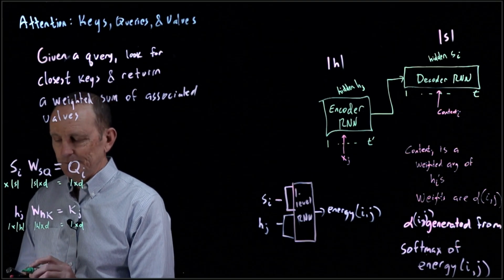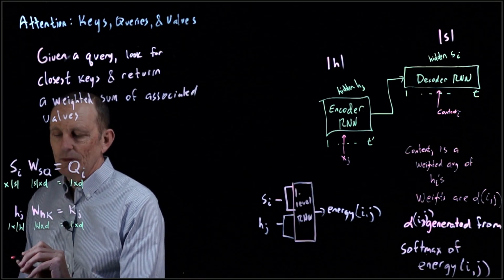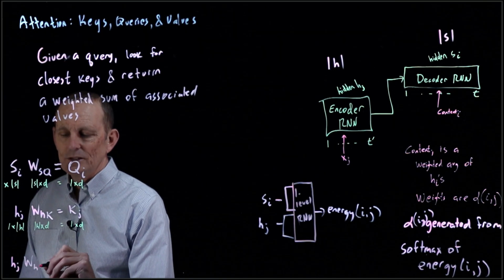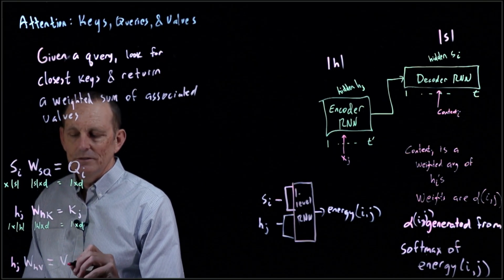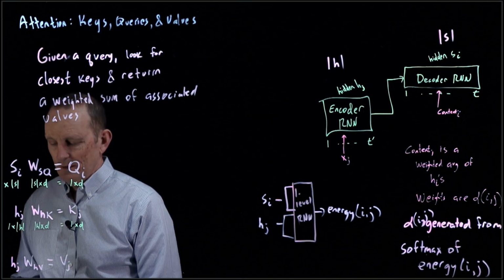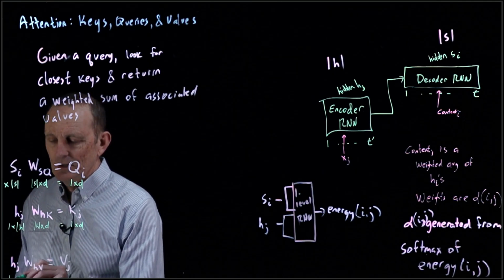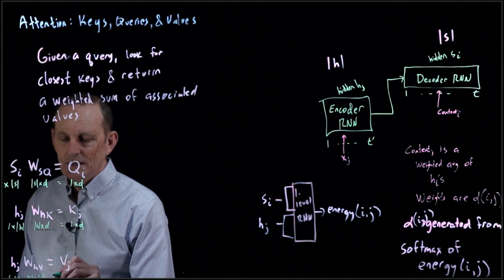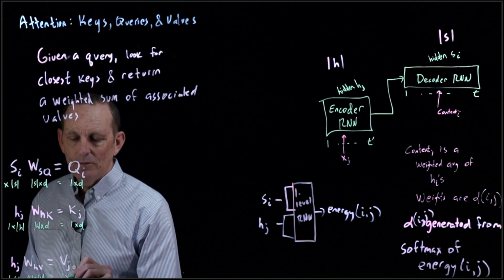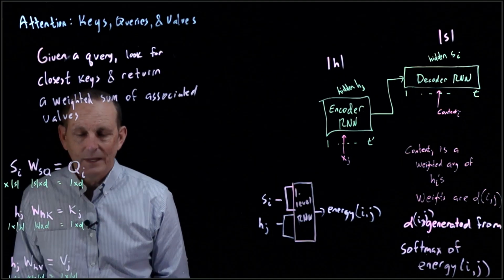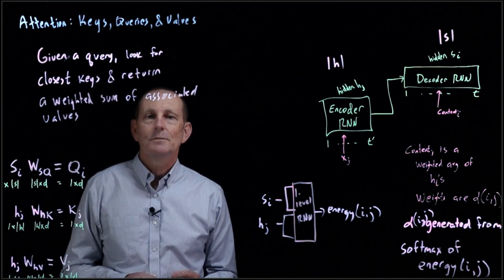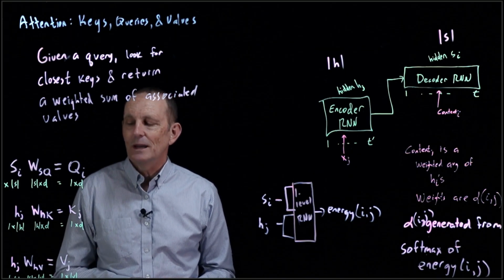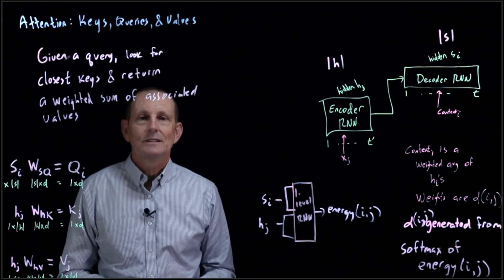Okay, so we're going to take H sub J times some W_V, and that's going to equal V sub J. Again, this is going to be 1 by H, H by size of V, and this is going to equal a 1 by size of V. Okay. So the values don't have to be of the same dimension as the queries and the keys. If W_V is just an identity matrix, then the value is the same thing as H sub J.